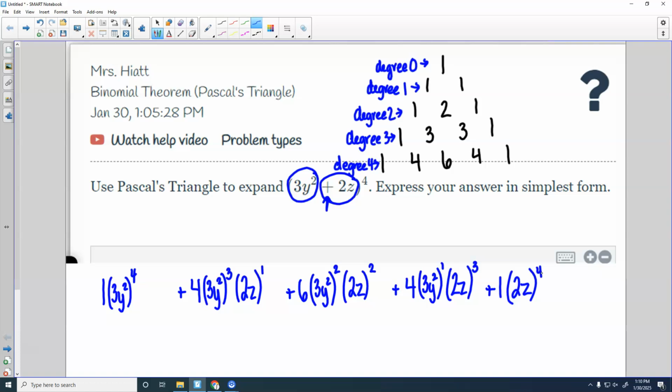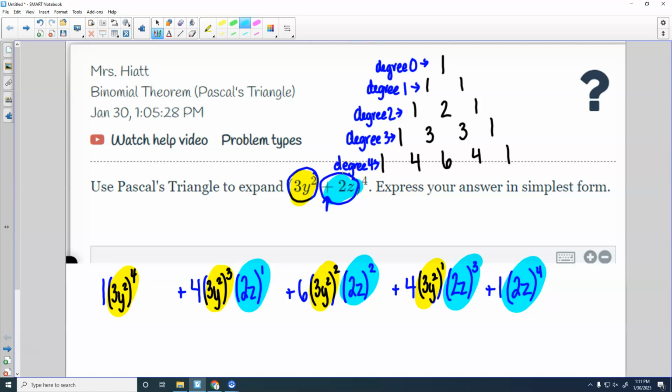Okay, so do y'all see that pattern there? So you got your 3y squared to the 4th power, 3rd power, 2nd power, 1st power, none at all on that last one. And then you've got none at all with the first one for the 2z. 2z to the 1st, 2z squared, 2z to the 3rd, 2z to the 4th. There.